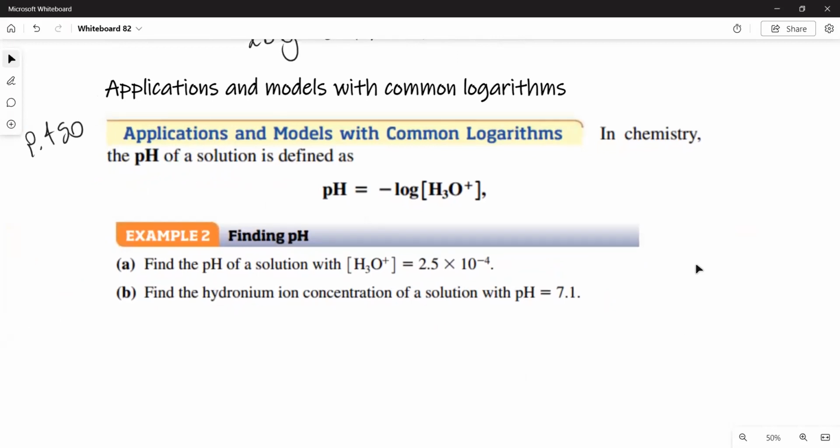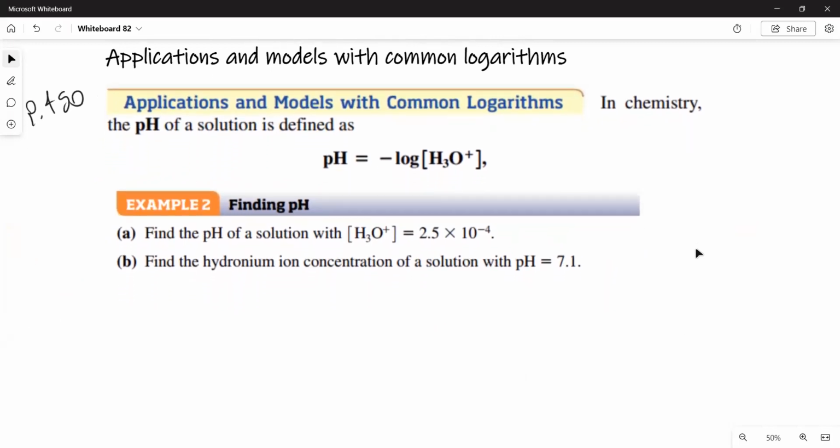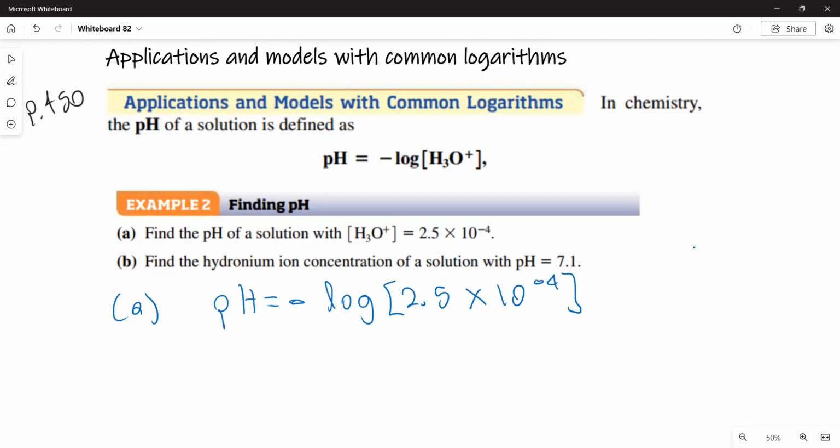Okay, so let's find the pH of a solution with H3O plus equals 2.5 times 10 to the negative 4. Let's plug it into the formula. pH is the opposite of the logarithm of 2.5 times 10 to the negative 4. Okay, let's evaluate it on the calculator.